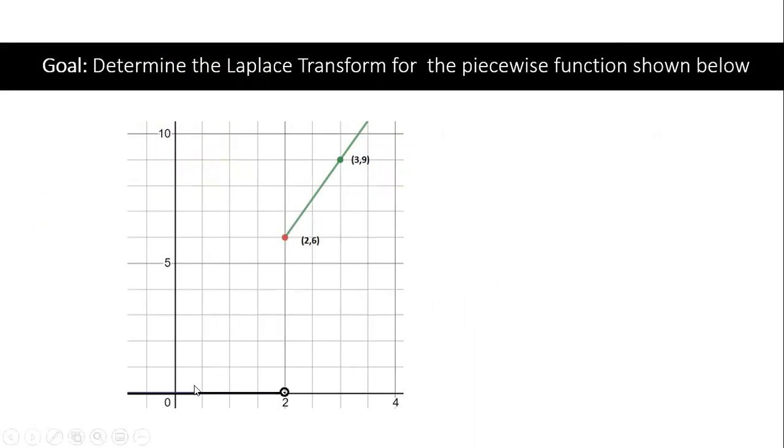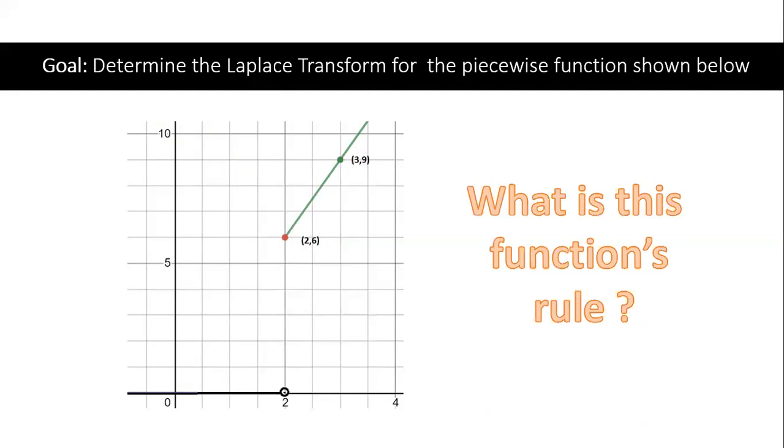It's a function that has a value of 0 for values up to, but not including 2, and then starting at 2, has values that fall along this line of positive slope that goes through the points (2, 6) and (3, 9). And we want to find the Laplace transform for this piecewise defined function.